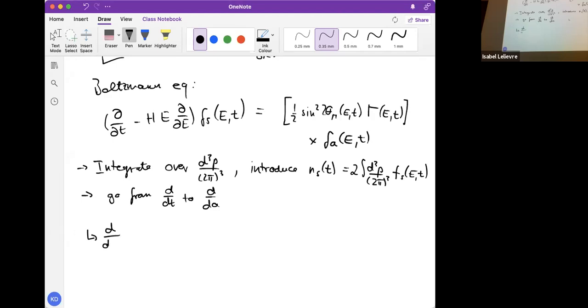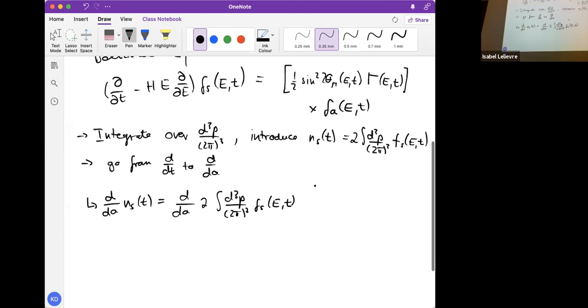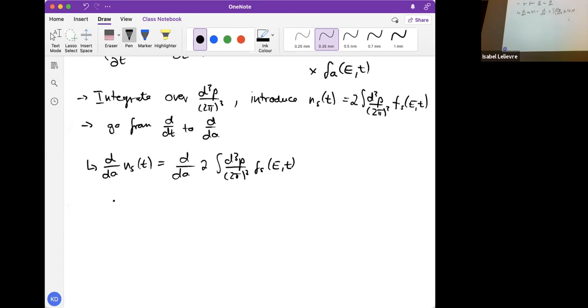The derivative of the number density of s with respect to the scale factor is the derivative of the integral that I just gave you: integral d^3p over (2 pi)^3 f_s of E comma t. I'm just plugging in the definition of the number density.